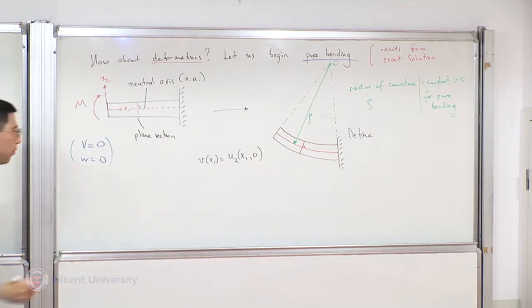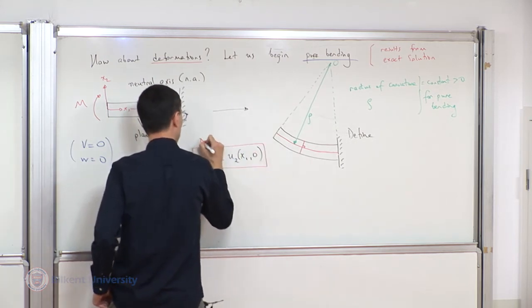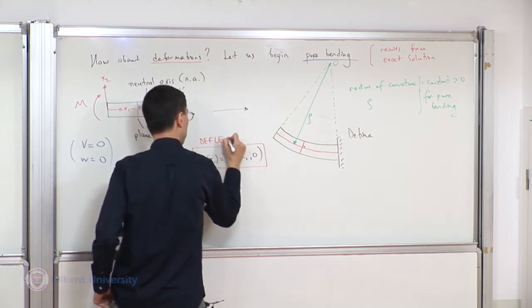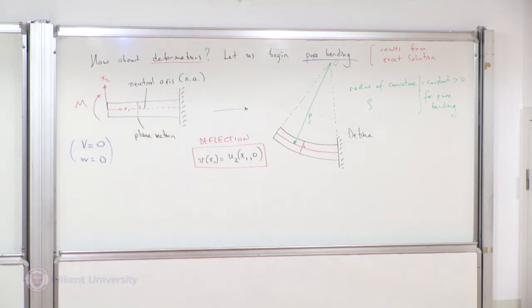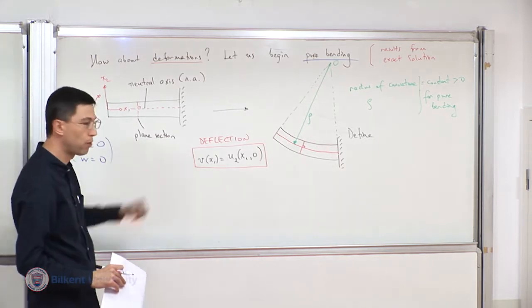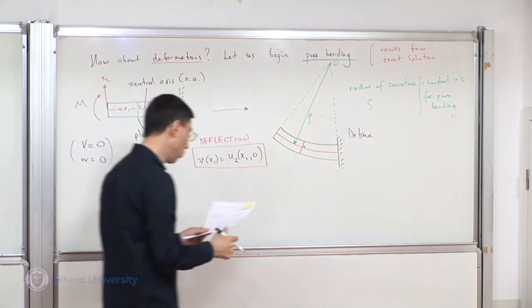And just so that we immediately understand its meaning, I'm going to call this deflection, as we actually did in ME 231. Okay? So I don't want to carry around U2 of x1 evaluated at 0. It's easier to just refer to V. And then when I take derivatives, I can just say V prime, as I will do shortly.